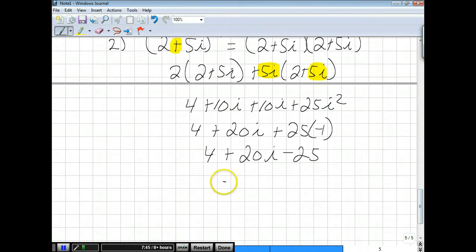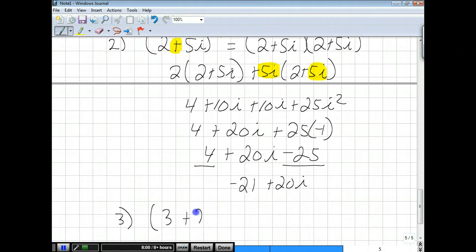And so I can combine the 4 and the negative 25 because those are both real numbers. So I get negative 21 plus 20i. Okay? And number 3, I have 3 plus 2i and 3 minus 2i.